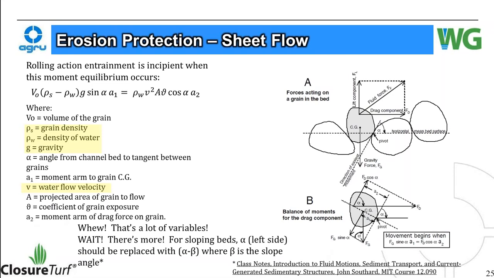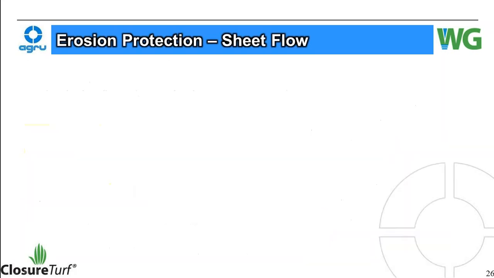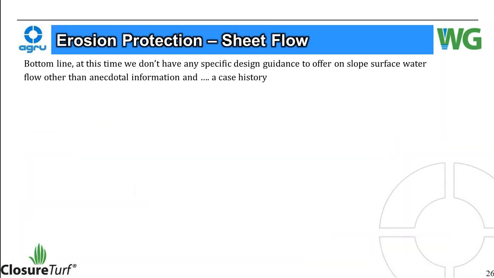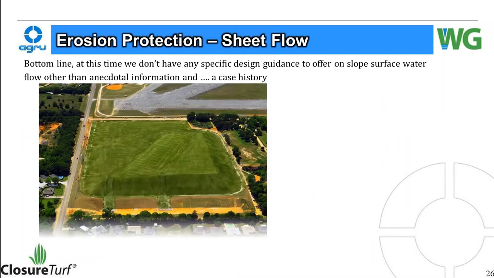For sloping beds, the angle alpha here, you have to replace with alpha minus beta, where beta is the slope angle. So, long way to say, right now we can't really offer you any specific design guidance as far as slope surface water flow other than anecdotal, but there is a case history.